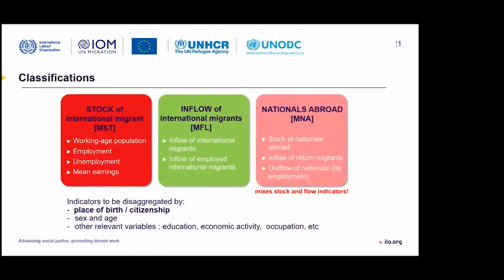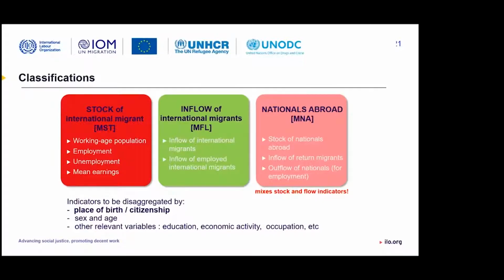Then we've got the inflow of international migrant workers. This is the number of international migrant workers who have entered the country of measurement during the reference period. So we want to know how many they are. We disaggregate them by sex, by level of education, occupation, and economic activity.